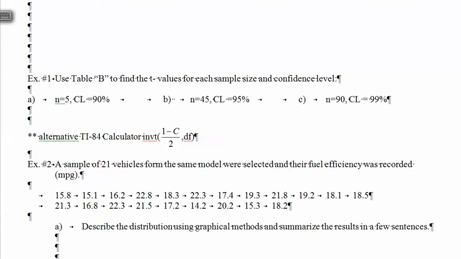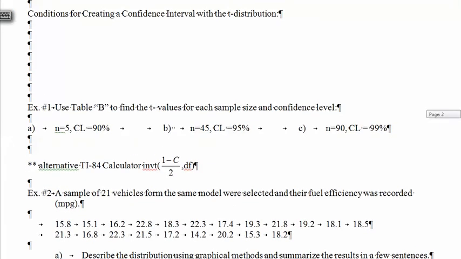So now let's look at conditions for creating a confidence interval with t distribution. First of all, let's look at the random condition.